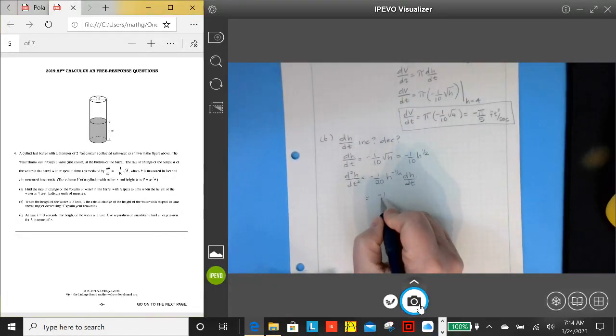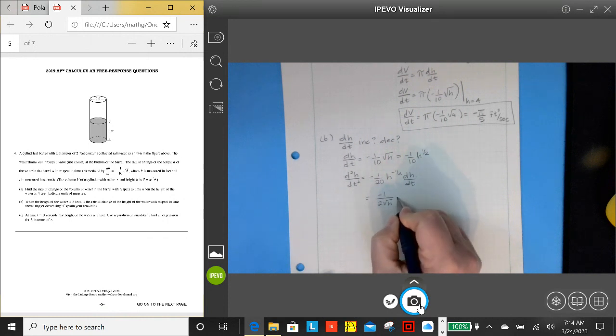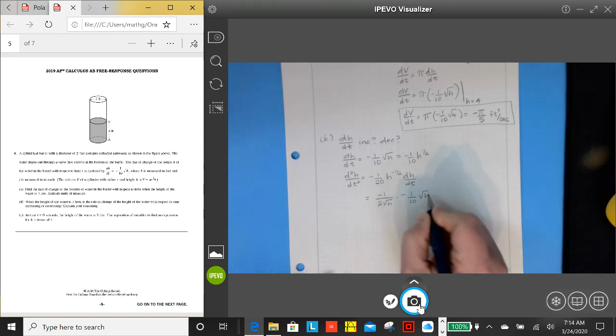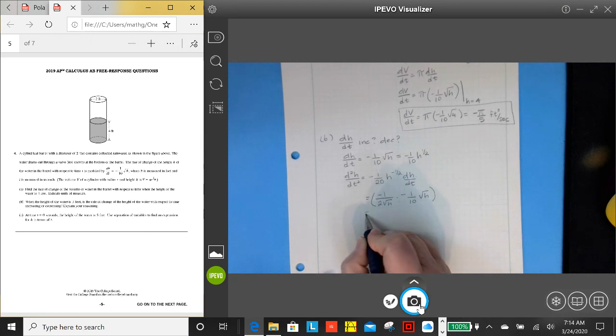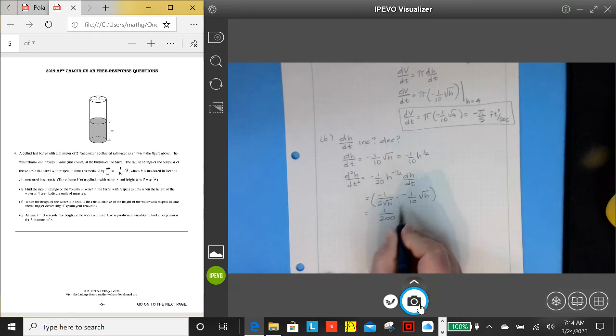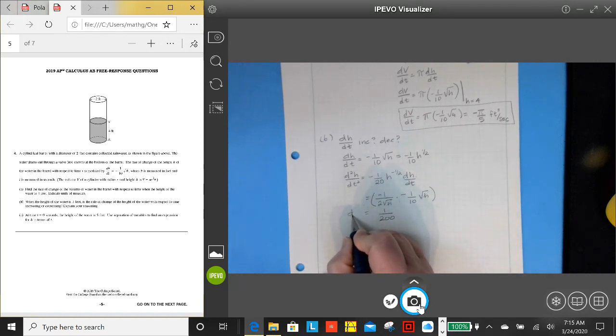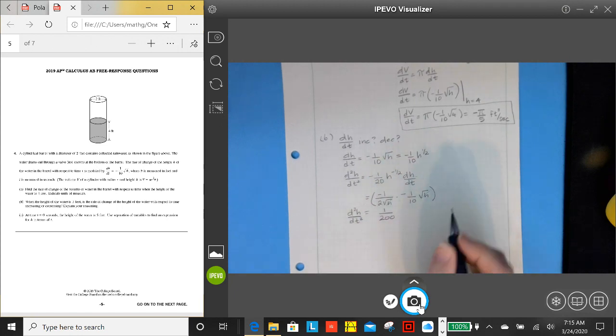So this is -1/20 root h times -1/10 times the square root of h, which is a positive number because a negative times a negative is positive. So I get 1/200, because the square roots of h cancel. And so the second derivative with respect to t of h is a positive number.